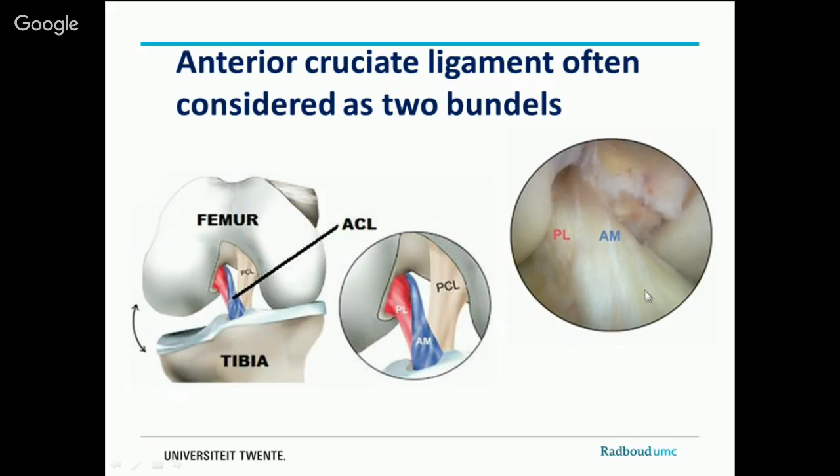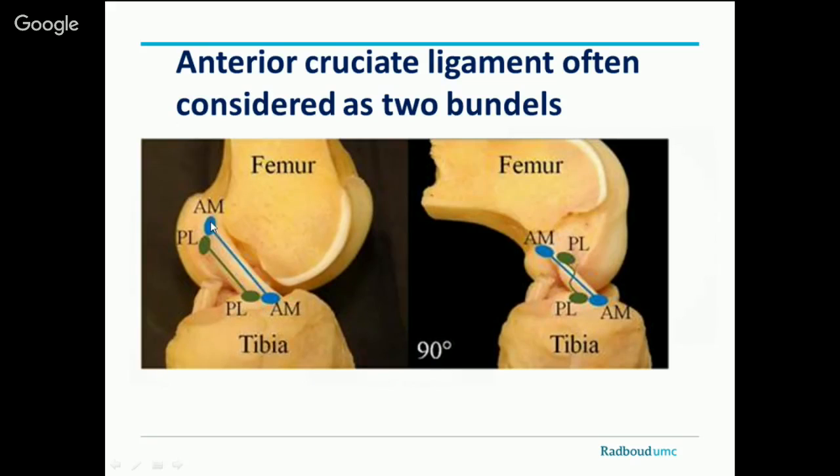Okay, so this is the ACL, and to make it more complex, the ACL does not consist of one fiber. In the biomechanical modeling, we assume that the ACL consists of two fibers. And the two fibers have different insertion points, and that has an effect if you bend your knee.